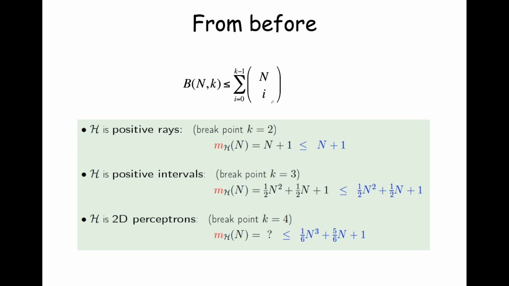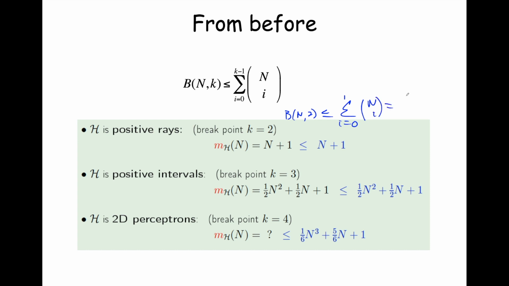For the positive ray, we said the breakpoint k is equal to 2, and our growth function is n plus 1. If we evaluate this bound with breakpoint k equals 2, B(n, 2) is less than or equal to the sum, i goes from 0 to 2 minus 1, which is 1, of n choose i.